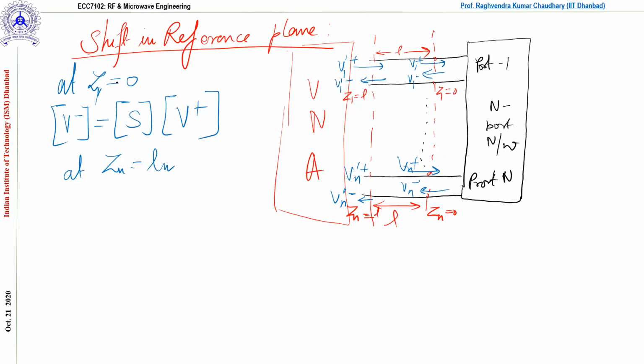Or we can write zn, actually it will be quite justified. Zn equals, first time we are writing here and another time we are writing here, correct? So this will be Vn dash minus equals S dash V dash plus.